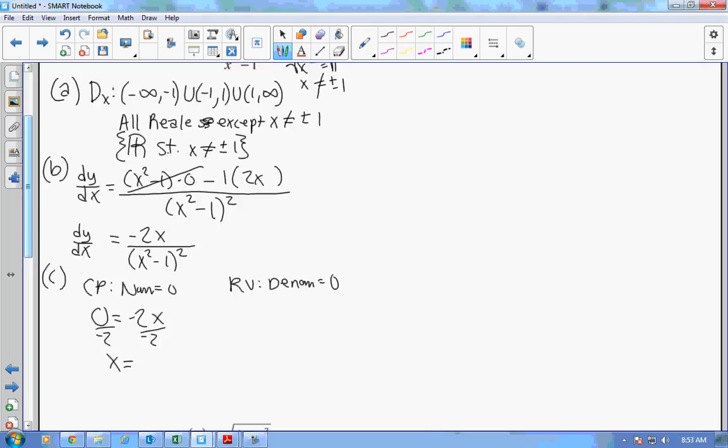We have a critical point at x equals 0. And restricted values for the denominator, we can't have a 0 because it makes the function undefined. If I square root both sides, I get 0 equals x squared minus 1. What restricted value do we end up getting? Good, there are 2. You take the square root, and we get x equals plus and minus 1. Okay, so those become our points of interest.